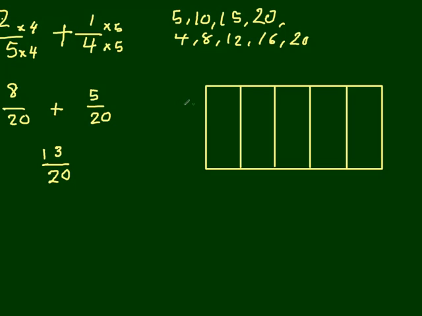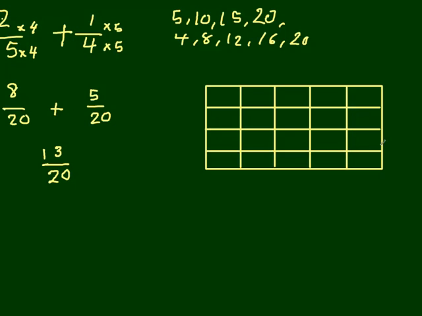Let me split this side into 4 parts. So if I split it into 4 equal parts, I'm going to halve it first and then halve both these. So I can see this now.